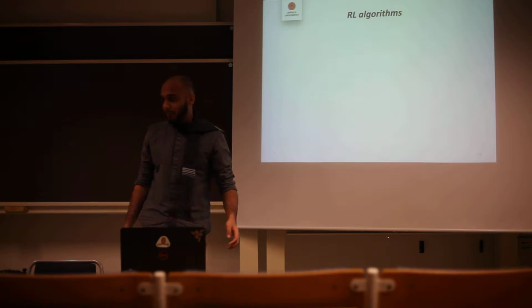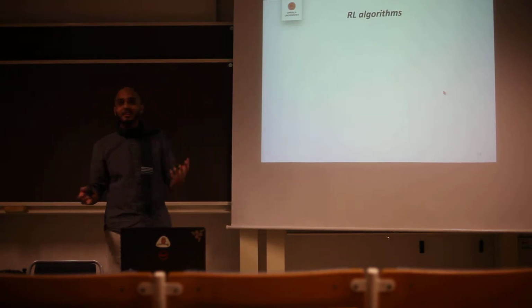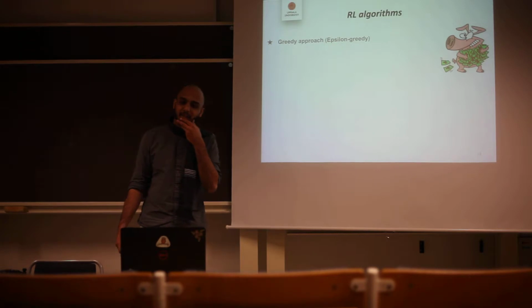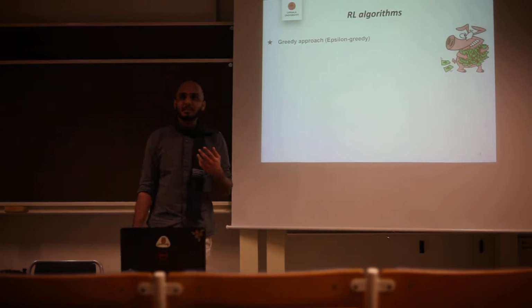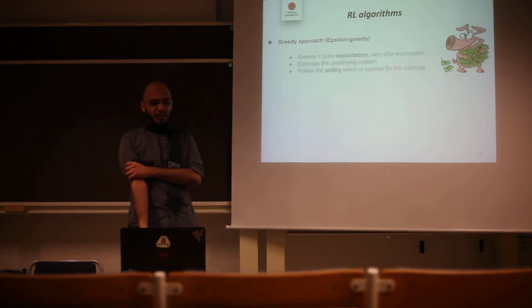So now that I've been controlling the robot and instructing it, we need a learning algorithm, and in this case we have two flavors that have been compared in this thesis. One is a greedy approach where you have an epsilon value.